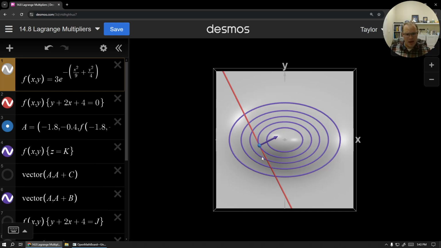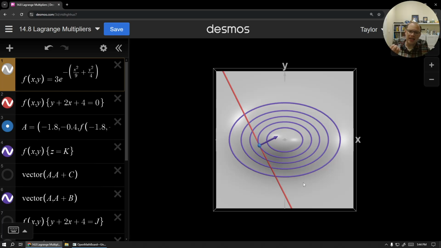That means you want to rush away from a constant level as fast as possible. The level curves are where you stay flat, where you stay constant. The gradient points in the direction where you increase the fastest, so you want to get away from that constant value as quickly as possible. So your gradient will always be orthogonal to your level curves. But because the constraint equation and the level curve are tangent to each other, that gradient will also be orthogonal to the constraint equation.